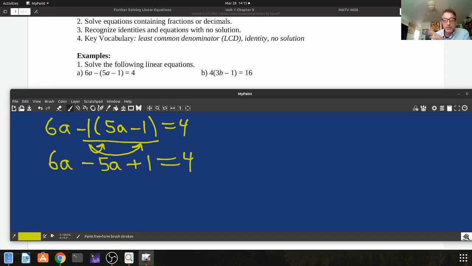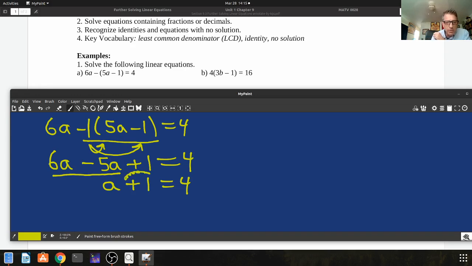Now, before we do anything else, we're going to collect like terms. Right here, 6a and 5a are like terms. So 6a minus 5a is just 1a, and you can write 1a if you want, but I'm just going to write a because I'm lazy. So 6a minus 5a simplifies to a, and I have a plus 1 still there and a 4. Our goal is to get a, because that's our variable, on one side of the equation by itself.